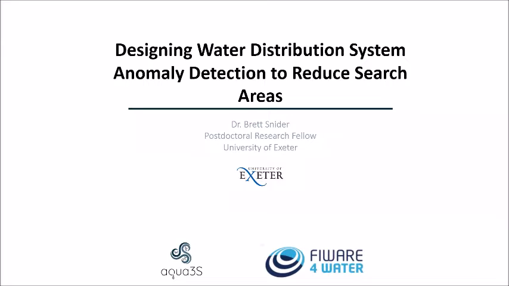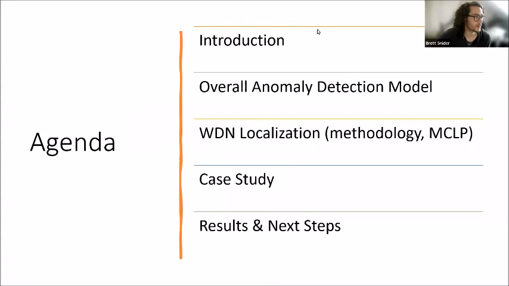Yeah, and this research is funded largely by two EU projects, Aqua3S and Firewire for Water. So just the overview of what today's talk is going to be about. I'm just going to give a brief introduction highlighting the issues that are being faced in some of these water systems currently, specifically in the 21st century, and provide an anomaly detection overview, which is seen as one major tool that can help address some of these problems.